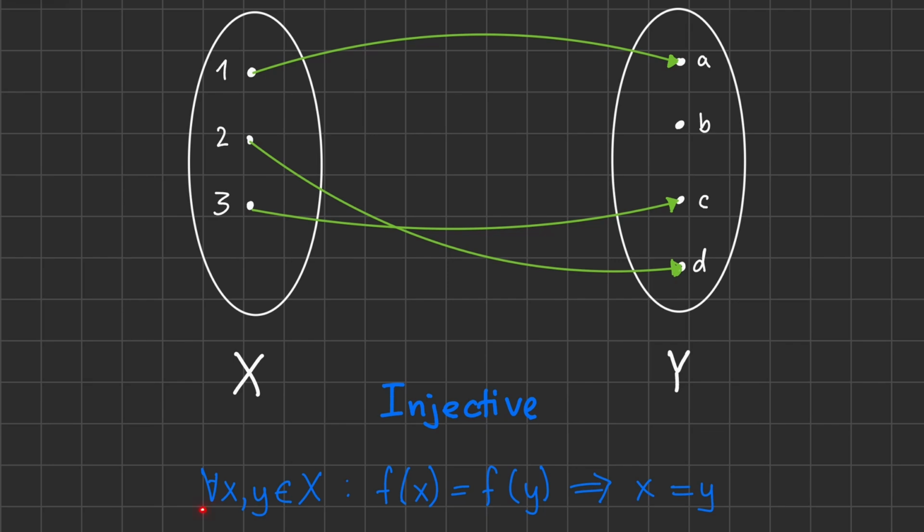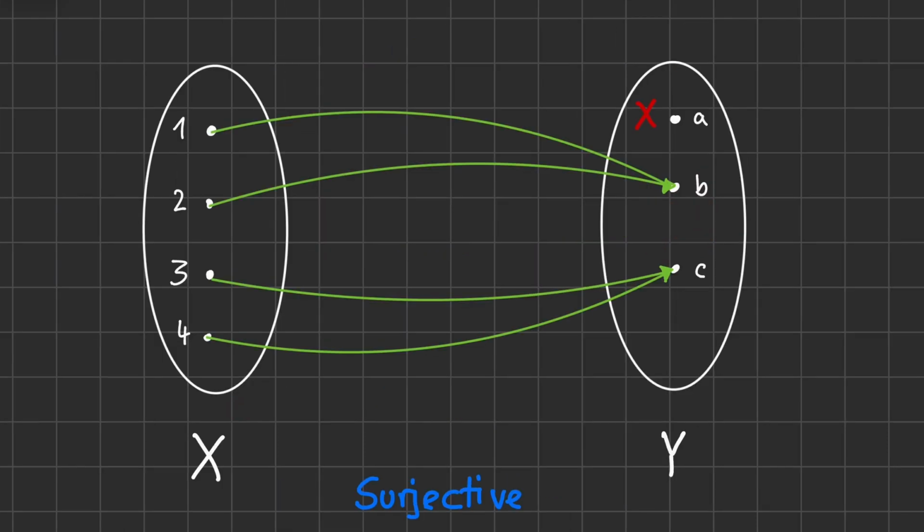Formally, we write that for all x and y from our input, if they map to the same output, it must have meant that they are the same input. So if we take 2 things from x and they both land in C, we know that these 2 things must have been equal. The second property that is necessary is that our function is surjective.